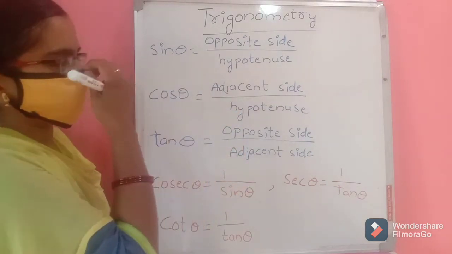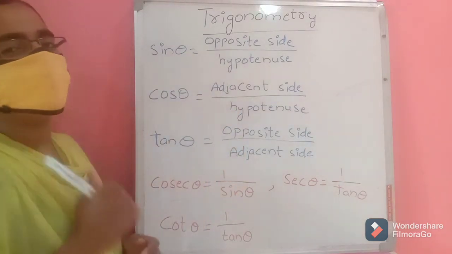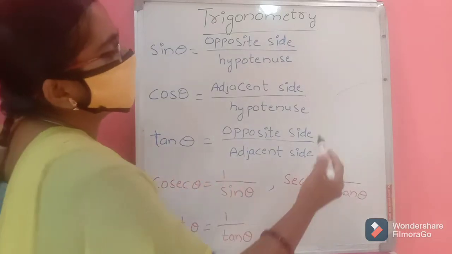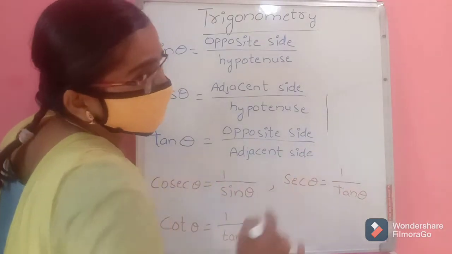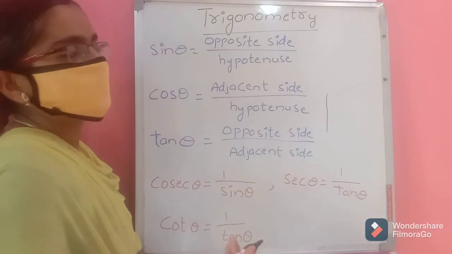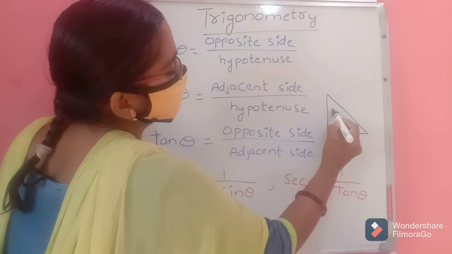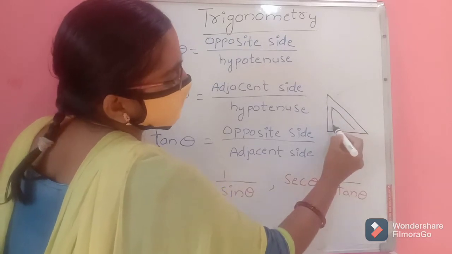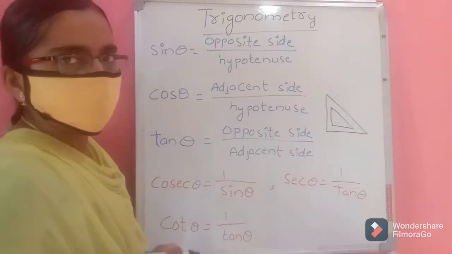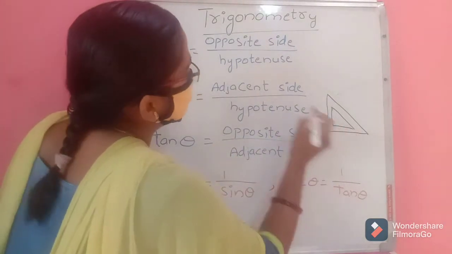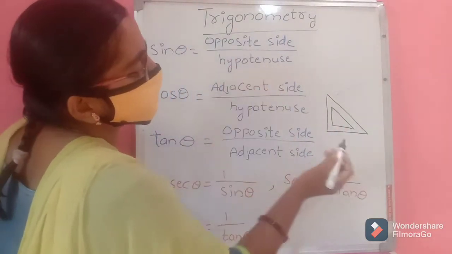So trigonometry. Trigonometry is a branch of mathematics. Why we get this is, if you take similar triangles, already we learnt about similar triangles. If you take any two similar triangles, in these similar triangles, take the opposite side by hypotenuse.